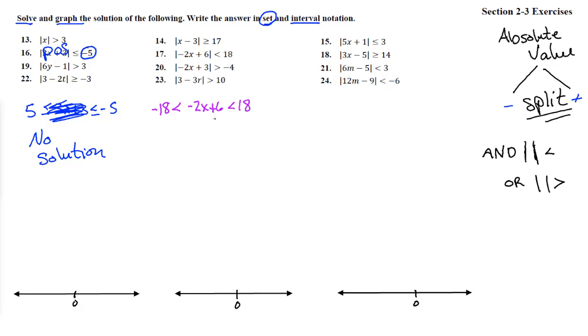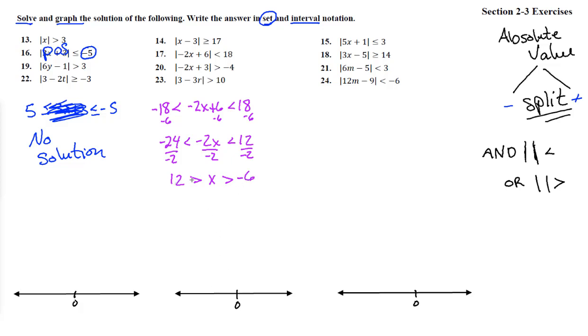So subtract 6 from all three sides, and we get negative 24 less than negative 2x less than 12. Now we divide by a negative 2. Now notice as we're dividing by this number, it is a negative number, so this becomes 12 is bigger than x is bigger than negative 6.